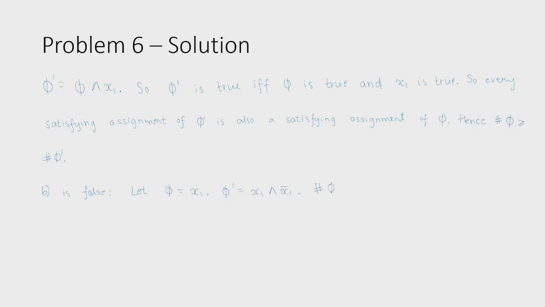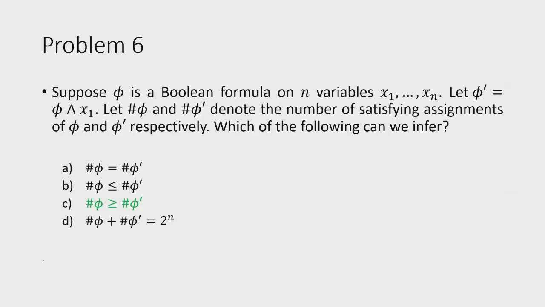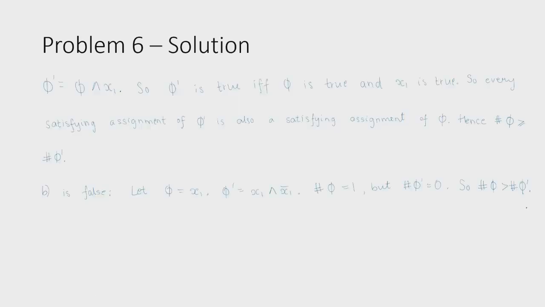Now the number of satisfying assignments of phi is 1, but the number of satisfying assignments of phi prime is 0 because x1 and x1 complement is a contradiction. So the number of satisfying assignments of phi is strictly greater than that of phi prime. Now, what does option B say? It says that the number of satisfying assignments of phi is less than or equal to the number of satisfying assignments of phi prime. But we have constructed a formula for which this is not true. So option B is false.